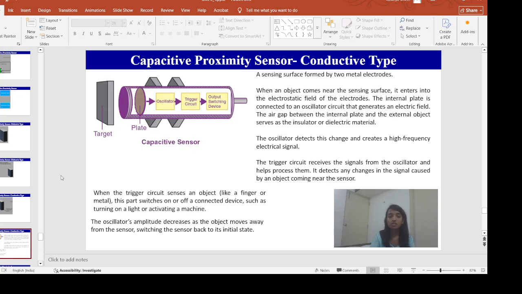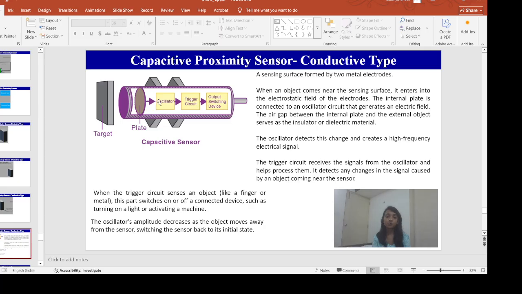So this is how it is connected. In between, this is one plate of the capacitive sensor, the target is the other plate, and the target is a conductive type. What happens when this target comes closer to this sensor?